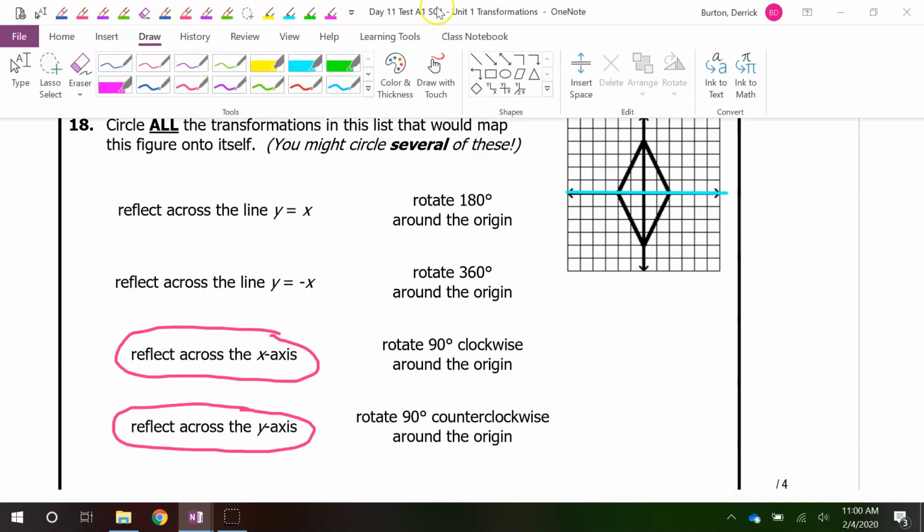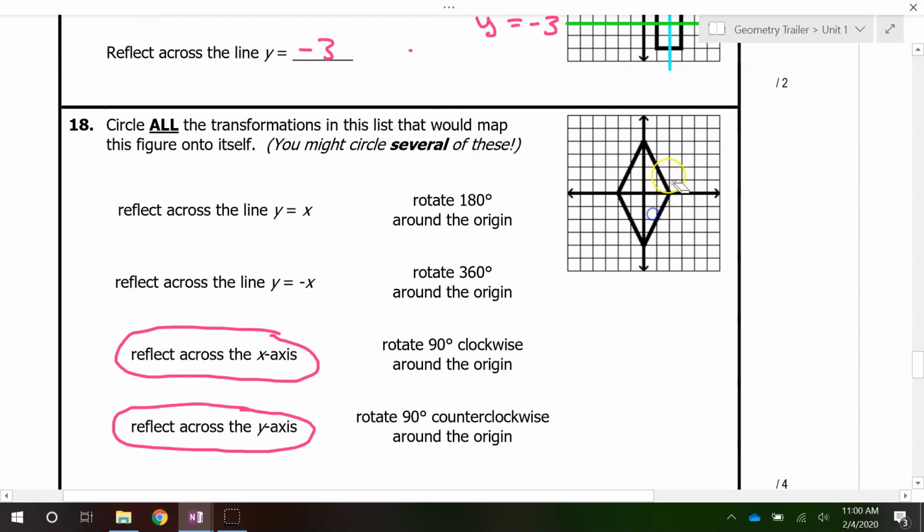The next one is trickier and it's going to fool some people. The line y equals x is this diagonal line that goes like this. At a glance, you might think that these are mirror images of each other, but they are not quite mirror images.